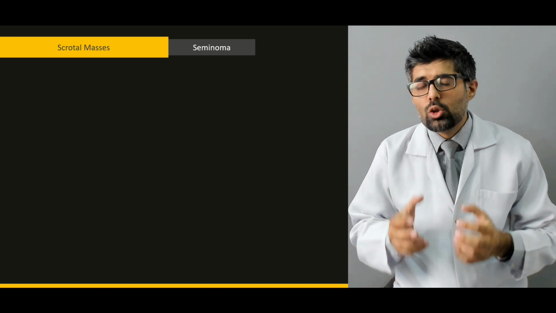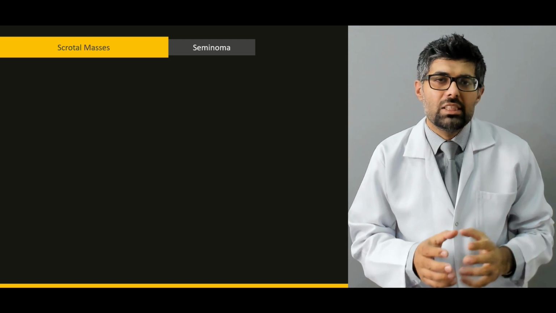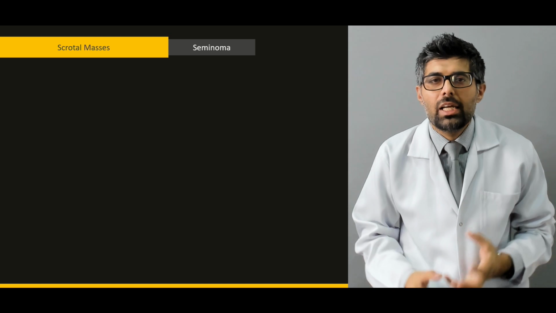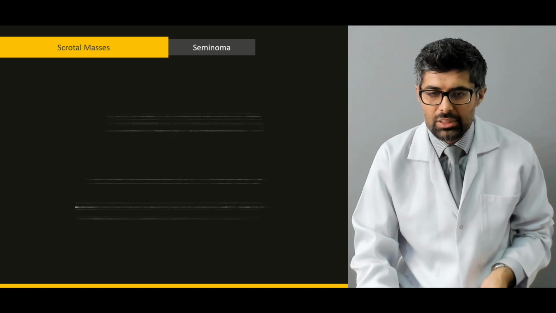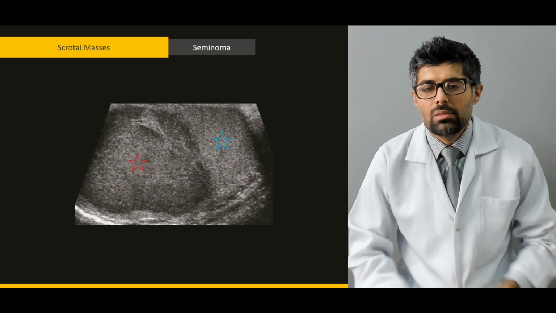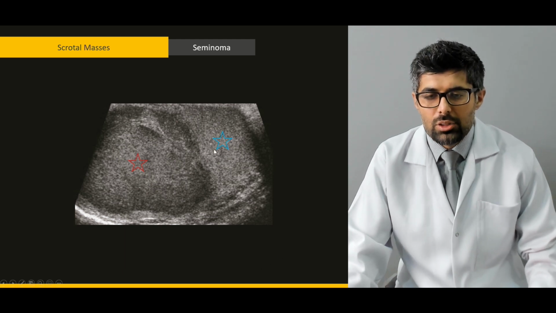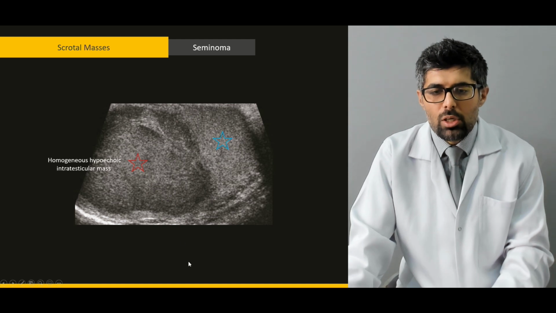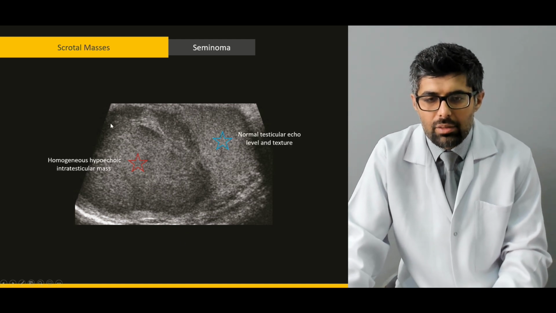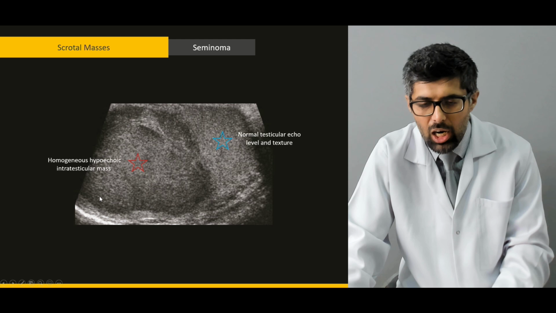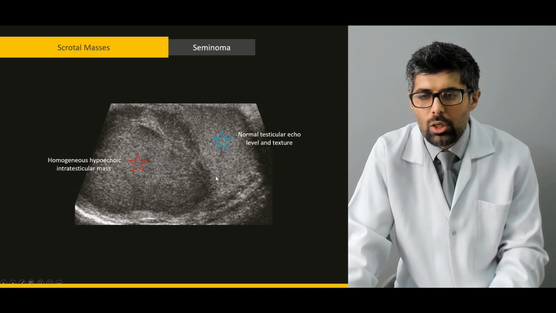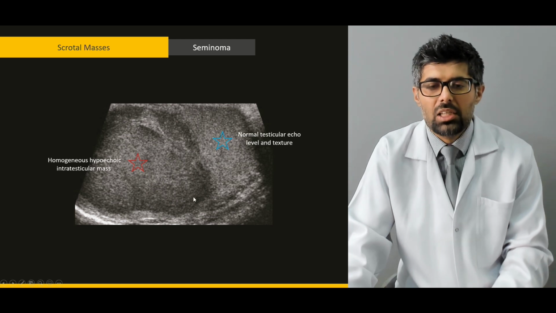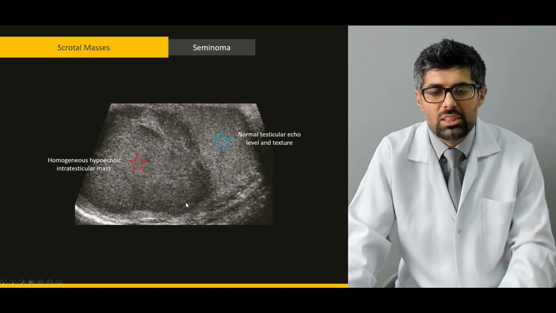One of the most common intratesticular masses is a seminoma, which is usually derived from the lining of a testis. Now, this is an ultrasound image of the seminoma. Here you can easily appreciate that this mass is hypoechoic to the normal testicular tissue, and this mass inside the testes is a seminoma.